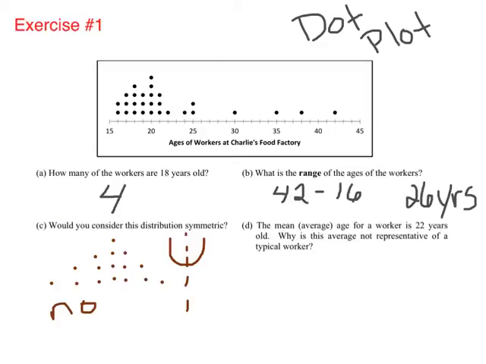The mean, or the average age for a worker is 22 years old. Why is the average not representative of a typical worker? There are a great deal of workers under the age of 22. So let's find where 22 is. And because that's the mean age, the few older workers that we have on the right-hand side here skew that mean.